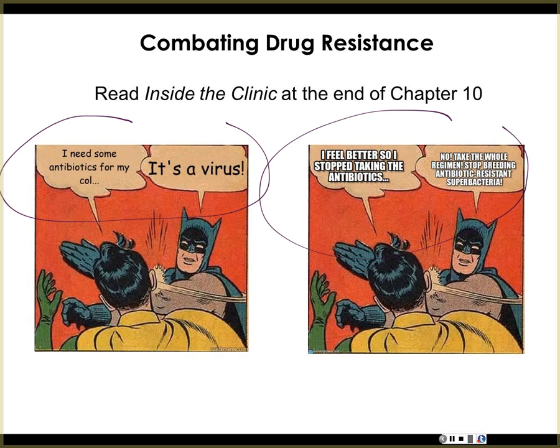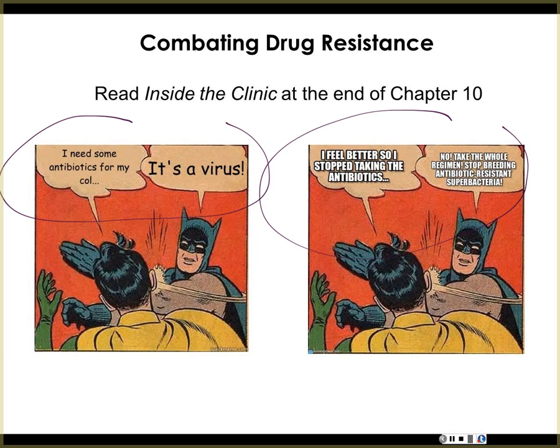And then on top of that, they always tell you, finish your full course of antibiotics. If it's a 10-day course, take the whole course, even if you feel better after 2 days. A lot of times people don't do that. If you don't, though, what can happen? Like we were saying, if you had a bacterial infection, you've probably got trillions of these bacteria inside you, or billions at least. Within that population, you've got some in there that are at least partially resistant to the drug. They're not as sensitive to the drug.